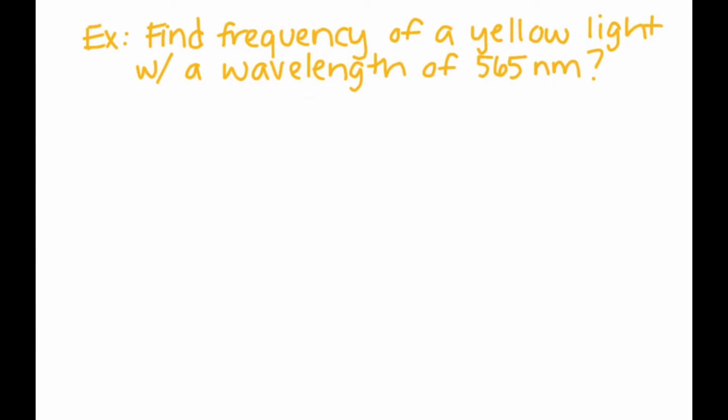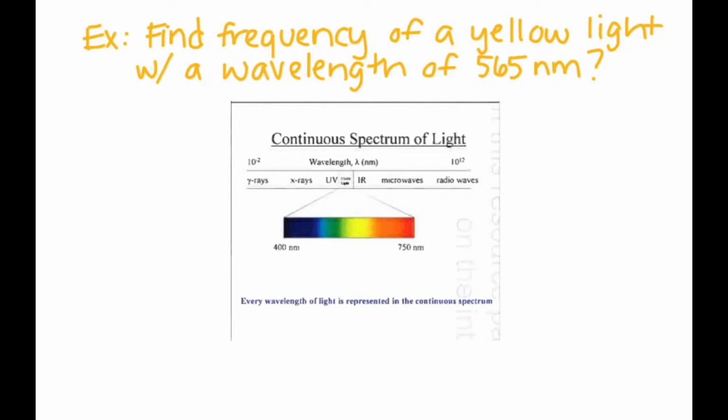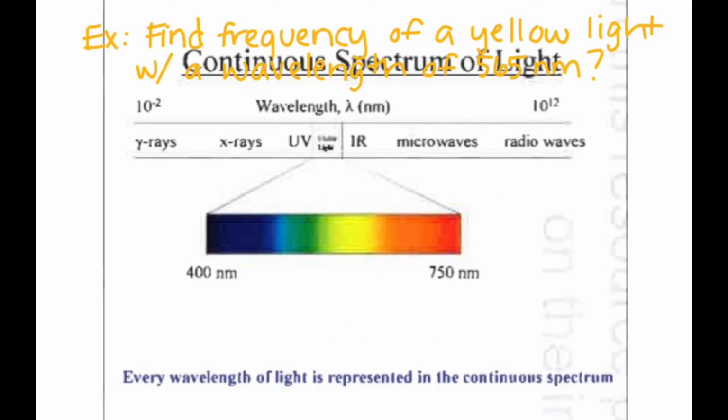So here we have a practice problem which says find the frequency of a yellow light with a wavelength of 565 nanometers. So if we look at our spectrum of light, we notice that the visible light is toward the middle of the spectrum in this area right here.